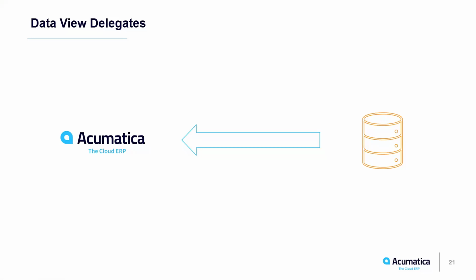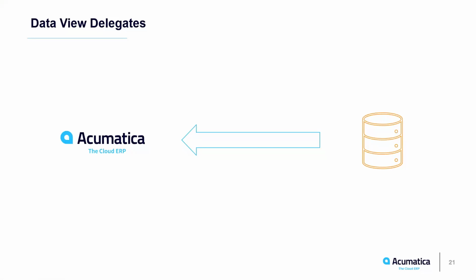And now let's talk about some best practices and some common sources of data slowness. First of all, we are going to talk about slowness of reading data. Let's start with data view delegates.